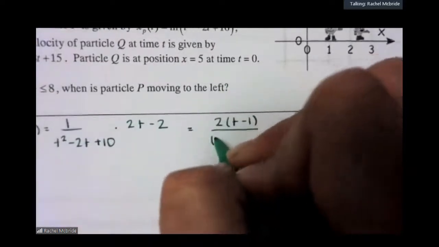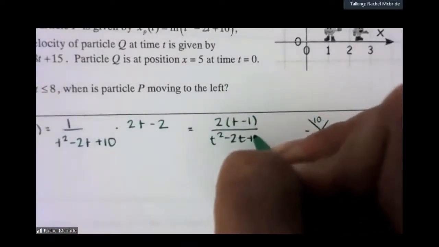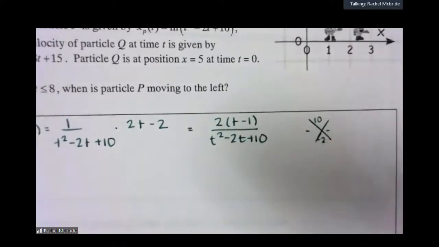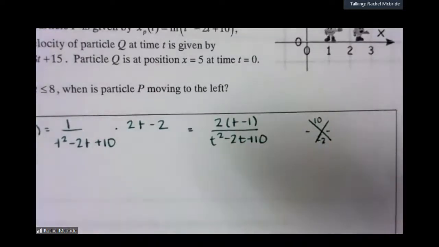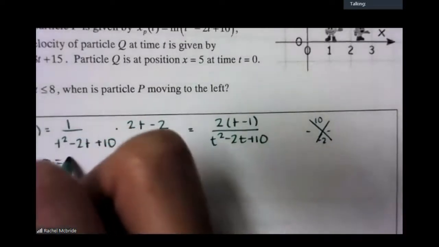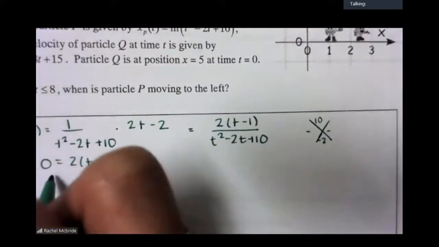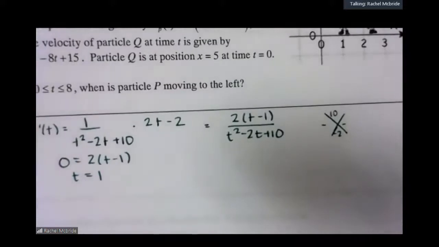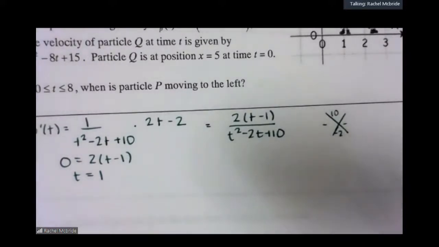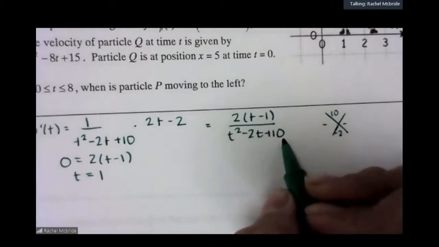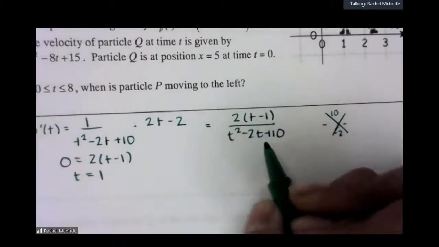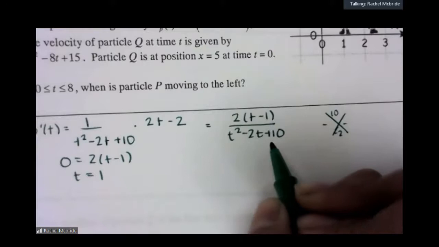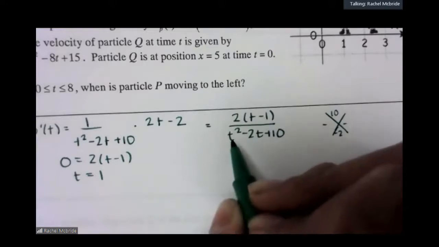So now in order to find when the particle is moving left, I need to find or compare the zeros of that. So the zero would occur at t equals 1. And if you think about your denominator, that's a quadratic. It's not factorable. And it's got this plus 10 y-intercept. It's positive.